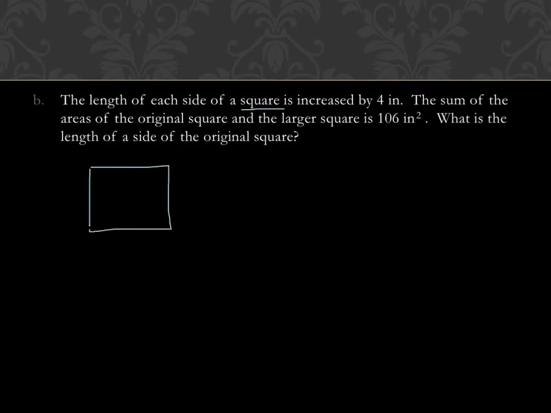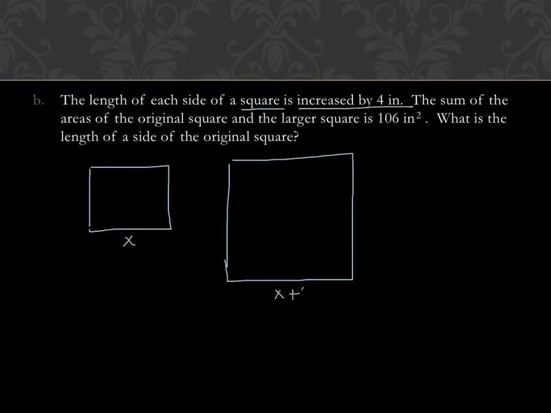The length of each side is increased by 4 inches, which means that I'm talking about an original square and then a new square. So if the original side lengths were x, and the length is increased by 4, the new one is going to be x plus 4. And notice it's a square, so it's going to be those dimensions on the length and width.